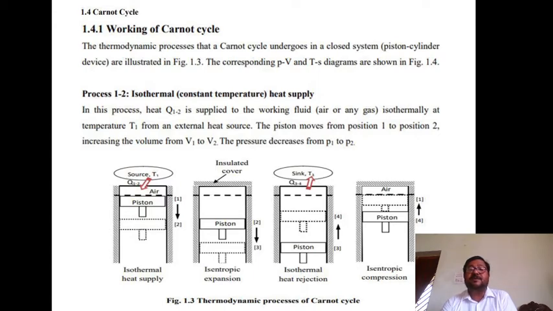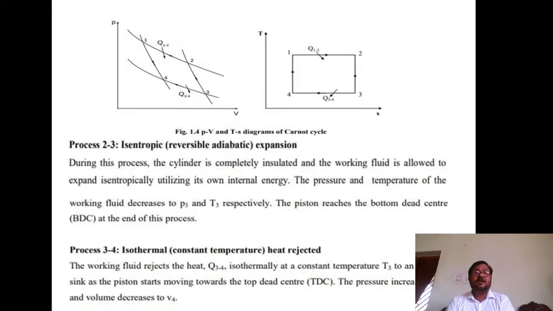The piston moves from position 1 to 2, the volume increases from V1 to V2 and the pressure changes from P1 to P2. Here heat is supplied from the source at T1, the cover is insulated so that the piston movement takes place, and due to the piston movement in the backward direction, the heat is rejected to the sink. See here, the PV and TS diagrams are like this.